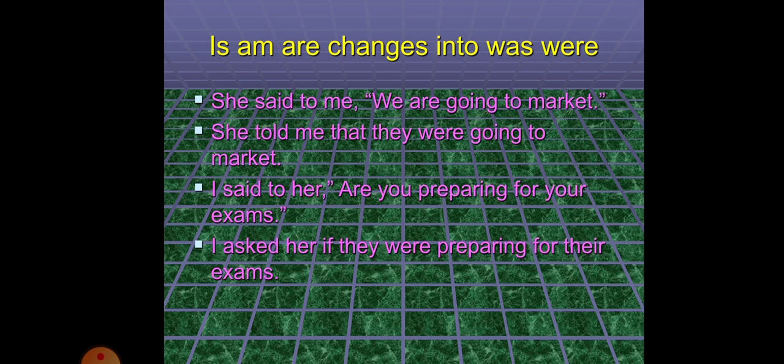In the second sentence, you is the subject. You is second person, it will change according to her, and her is third person singular, whereas you is plural. So that is why we will use they, which is plural form of third person.